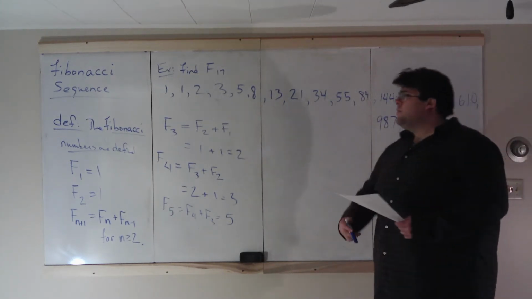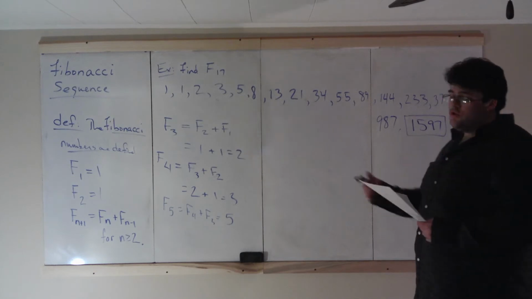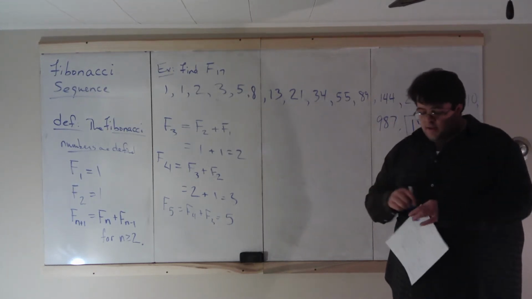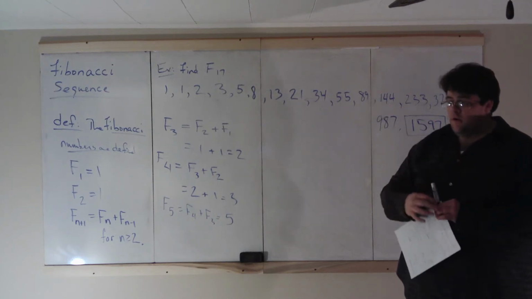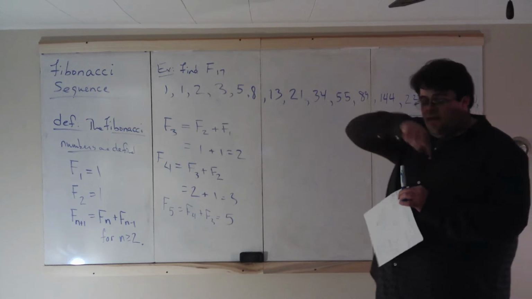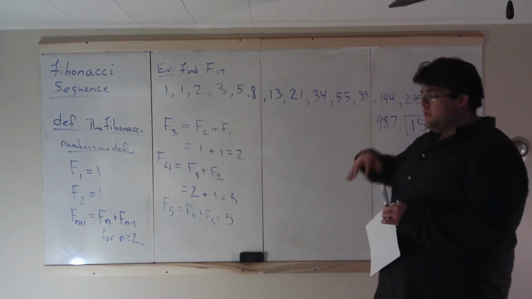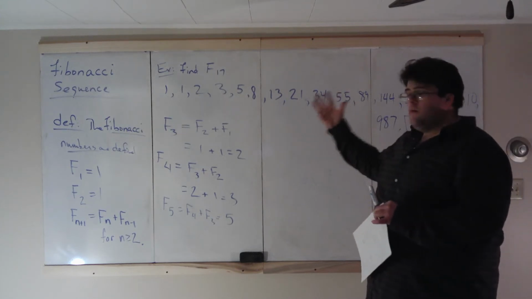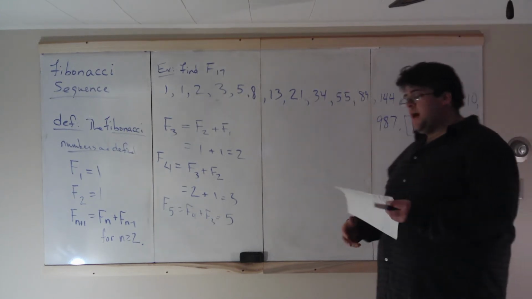Other places where Fibonacci numbers show up. Leaf arrangements. So when a stem is growing and leaves are sprouting out of the stems, the way the leaves are arranged going around it follows a pattern relating to the Fibonacci sequence.